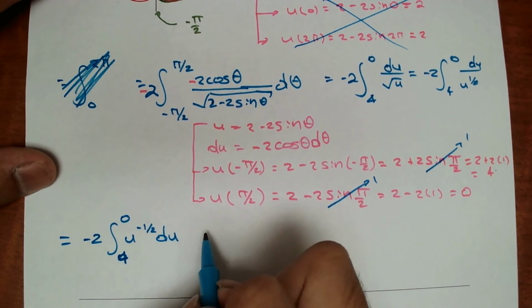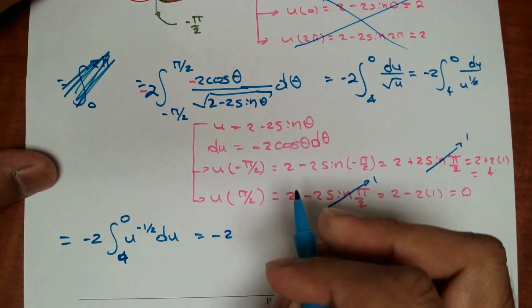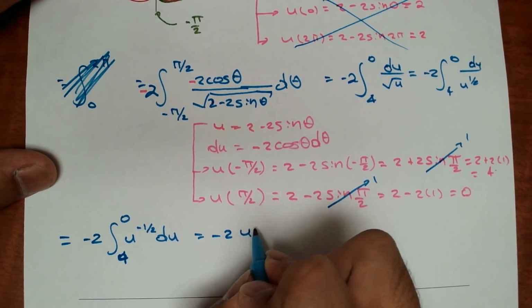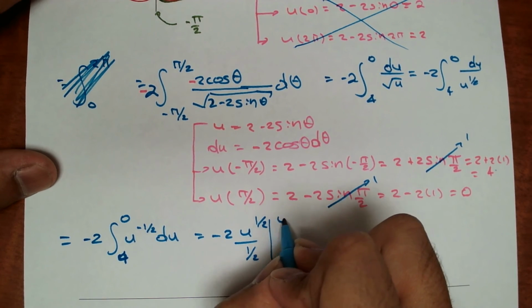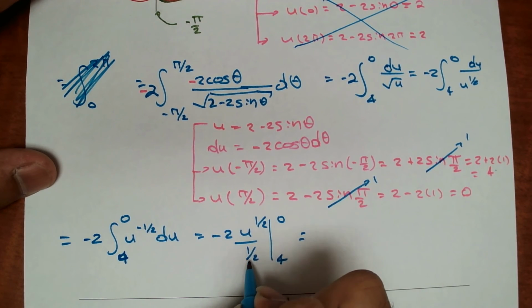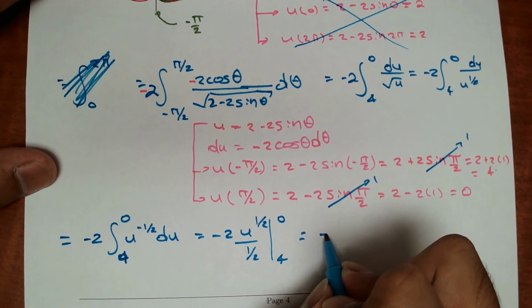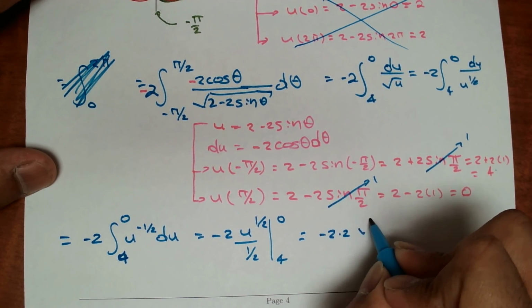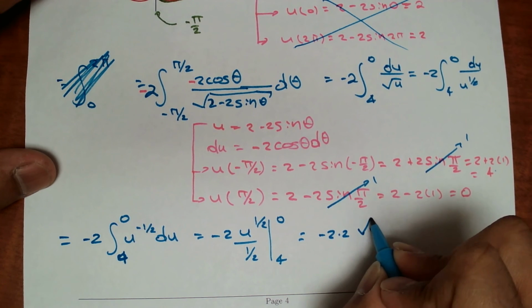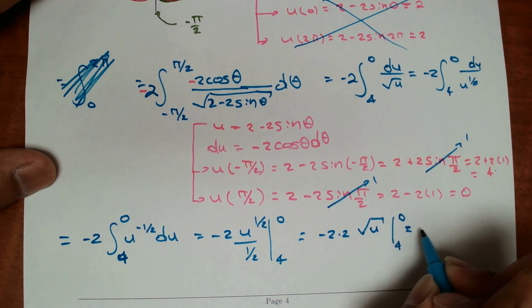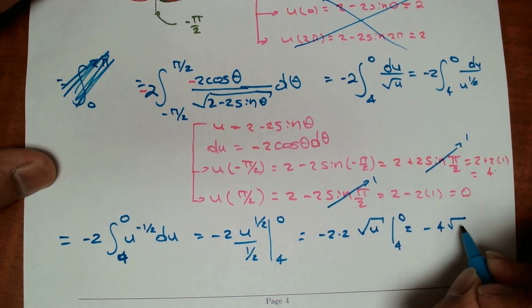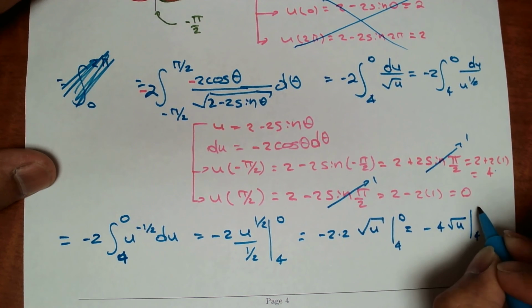Let's integrate this using the general power rule: negative 2 times u to the 1/2 over 1/2 from 4 to 0. Dividing by a half is the same as multiplying by 2, so negative 2 times 2, back to radical, is negative 4 square root of u from 4 to 0.